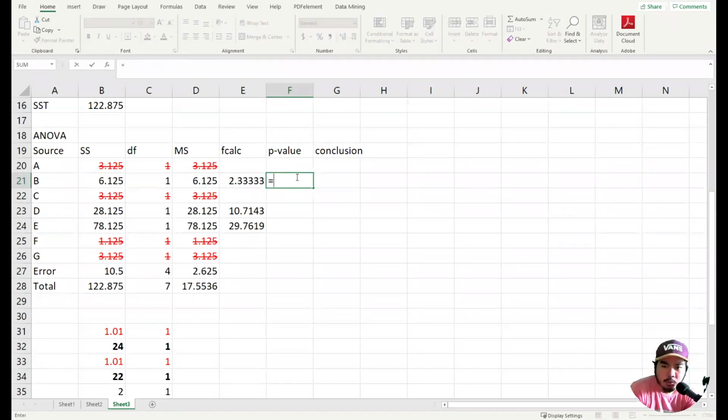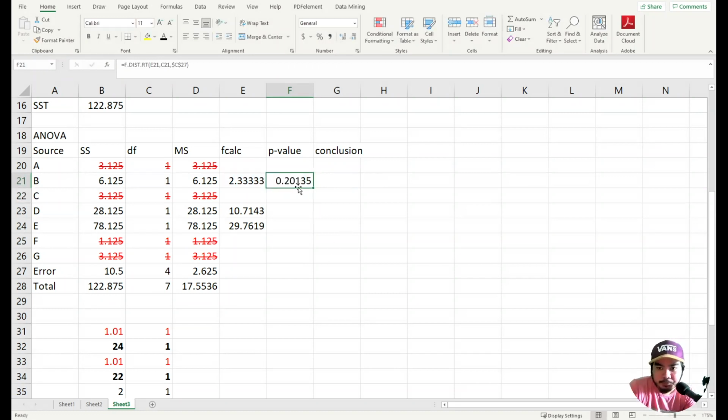So let's do the p value. What we do is equals F.DIST.RT, and let's check kung nasaan tong value na to. And degrees of freedom is this one, and itong degrees of freedom for the MSE. Okay, so F4 ko lang yan. And you can see, not significant din naman siya.